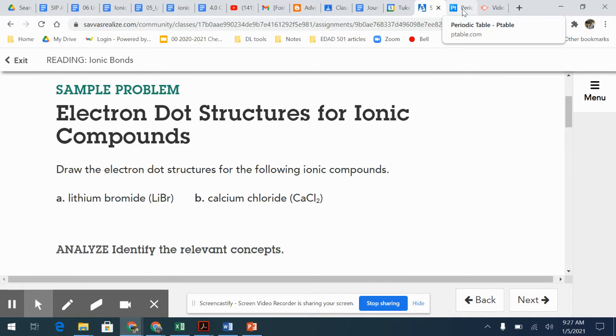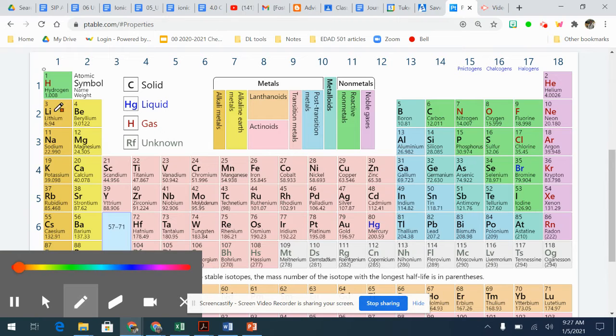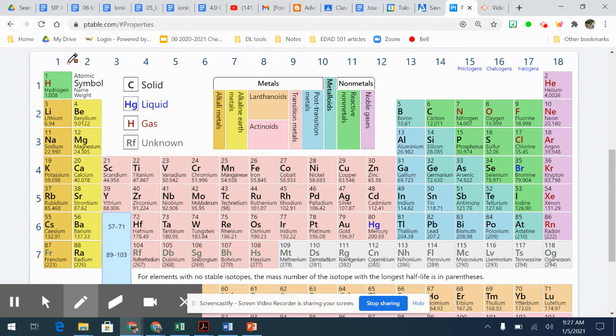If we look at the periodic table, let's focus on lithium bromide for a minute. We notice lithium is over here in the first group, and so this is actually going to form a +1 cation. So everything in this group will. Let's look at bromide. So bromine is over here.